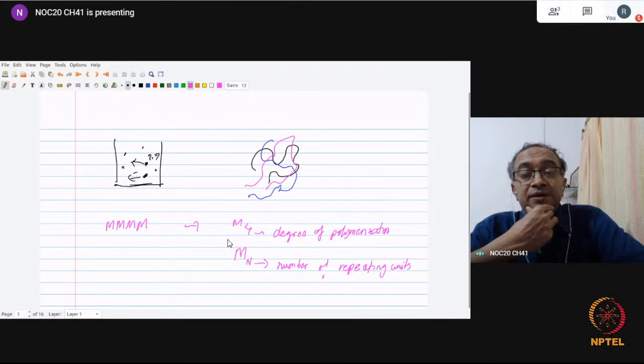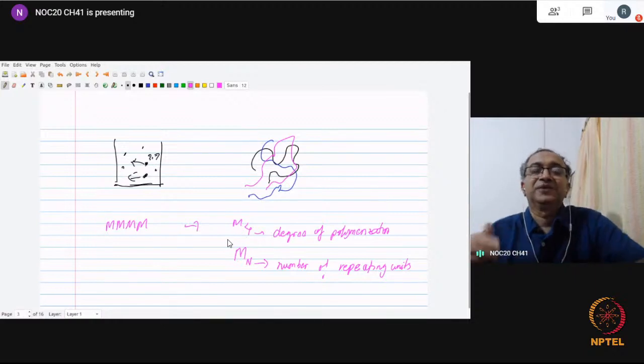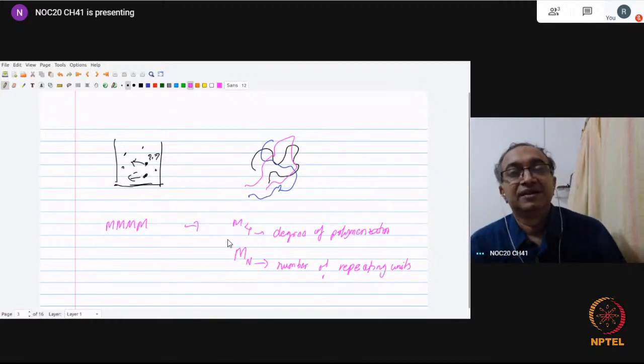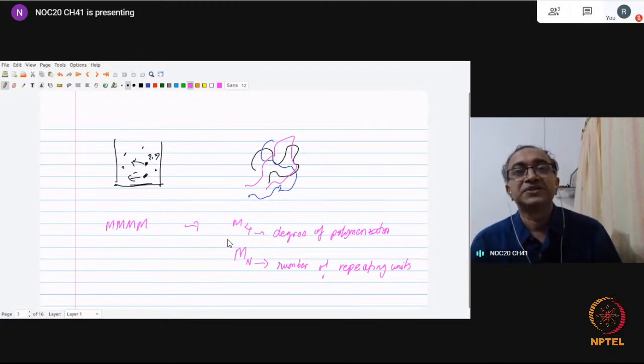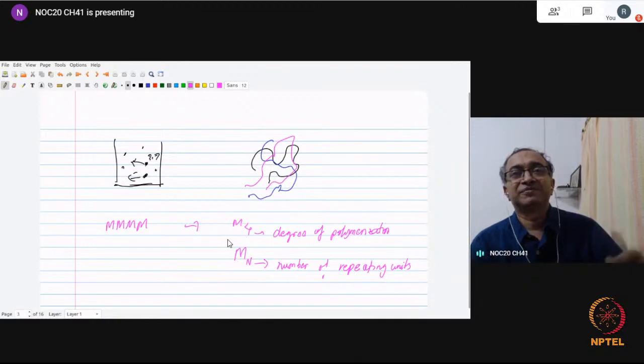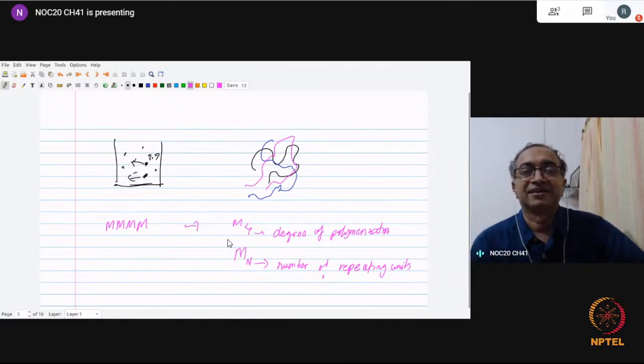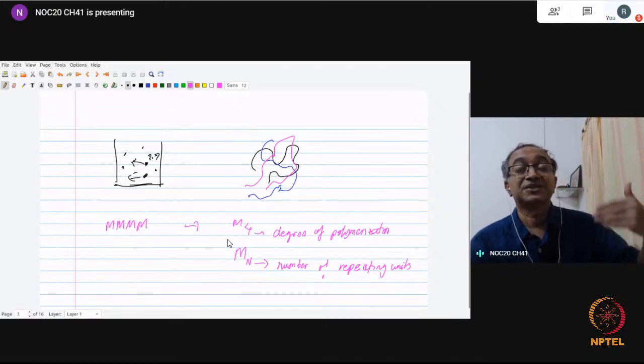Those of you who have done thermodynamics, quite often you will think that entropy is a very difficult concept because it's not possible to define it one single way. Glass transition also is a concept which is similar in the sense that it depends on what our interest is.